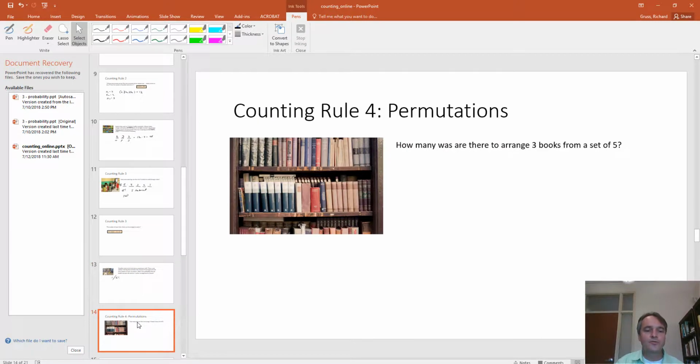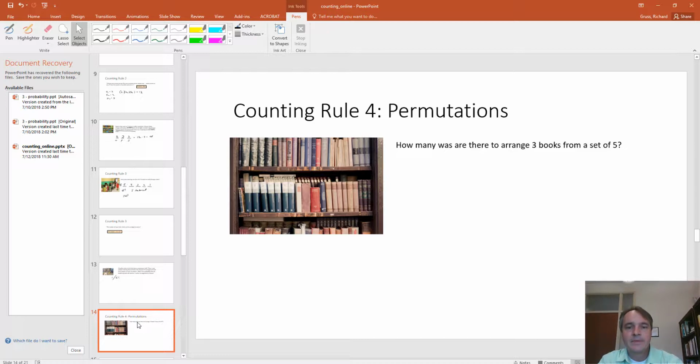So counting rules 4 and 5 are getting into something that you've probably done before, which is permutations and combinations. These have to do with selecting a subset of items from an initial collection of items. We'll do permutations first, and I'll explain why in a minute.